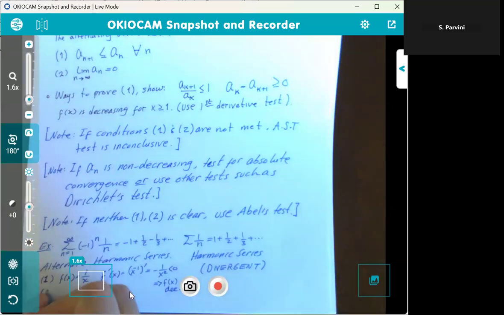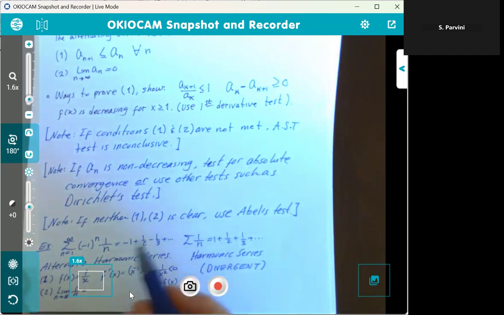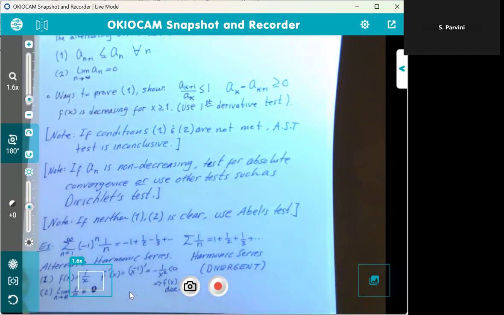Item 2 is the limit of the nth term. If I look at the limit of 1 over n as n approaches infinity, clearly that's 1 over infinity, and that limit approaches 0. True? So the limit is 0, and both conditions of the alternating series test are satisfied, and therefore we say that the series actually converges.